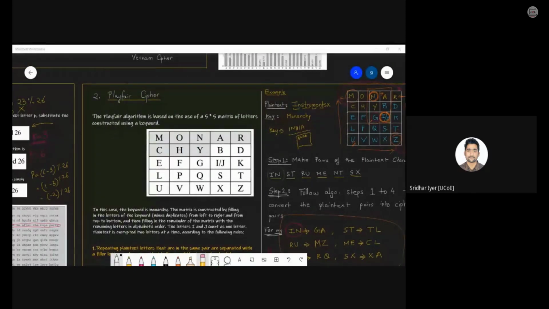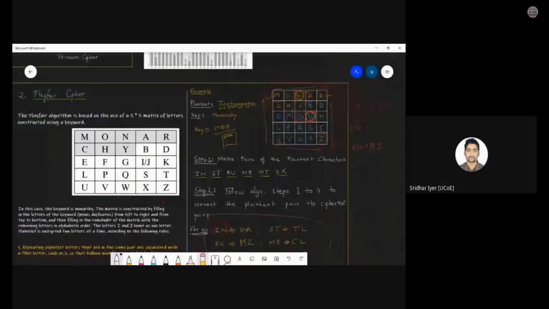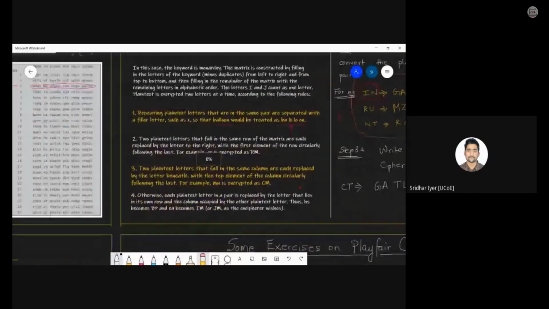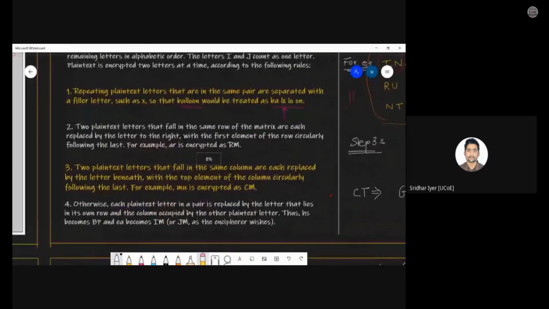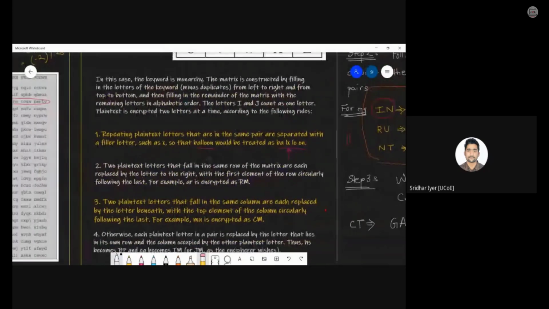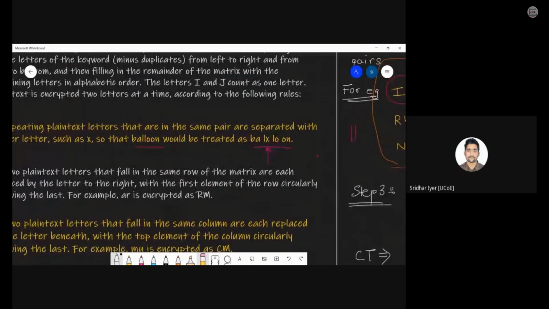Playfair was done later, so these were the rules of Playfair cipher. First of all, we check whether there are any same characters inside that particular pair or not. If there are same characters, we split those characters by adding an extra character in between, just as we saw with the help of this example, balloon.